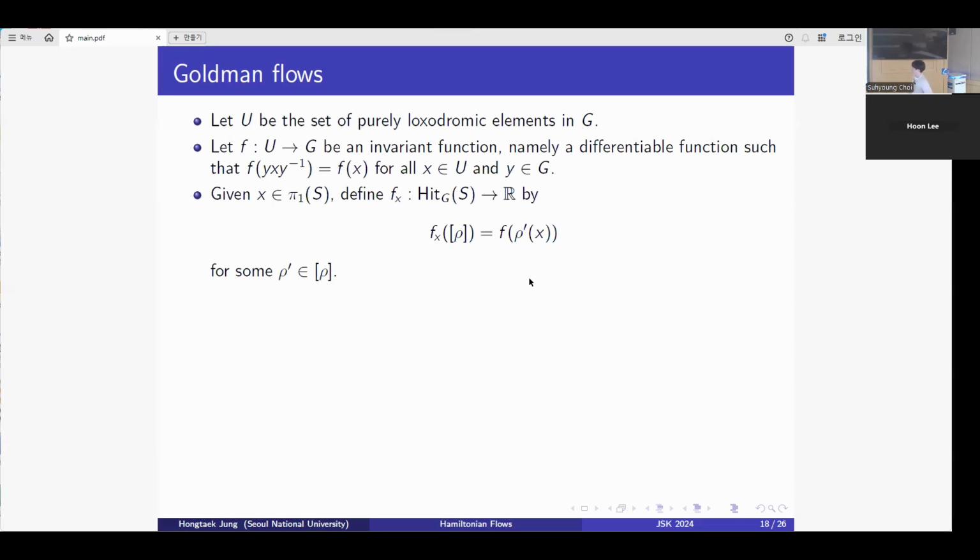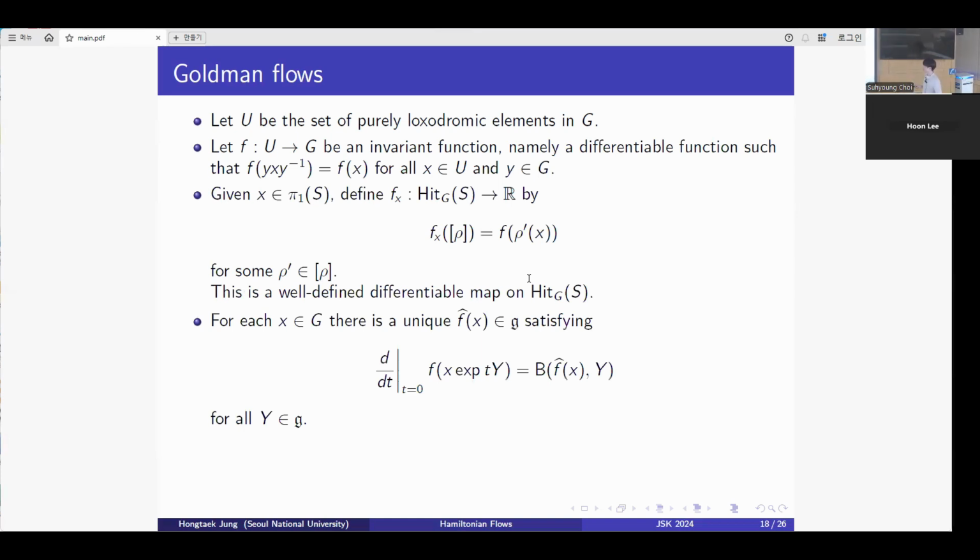Given an element x in your fundamental group, define f of x to be a real-valued function by this rule: f of x of rho is just f of rho prime of x, where rho prime is in the conjugation class of rho. This is a well-defined map because our f is invariant under conjugation. So this is a well-defined, differentiable, real-valued map defined on your Hitchin component.